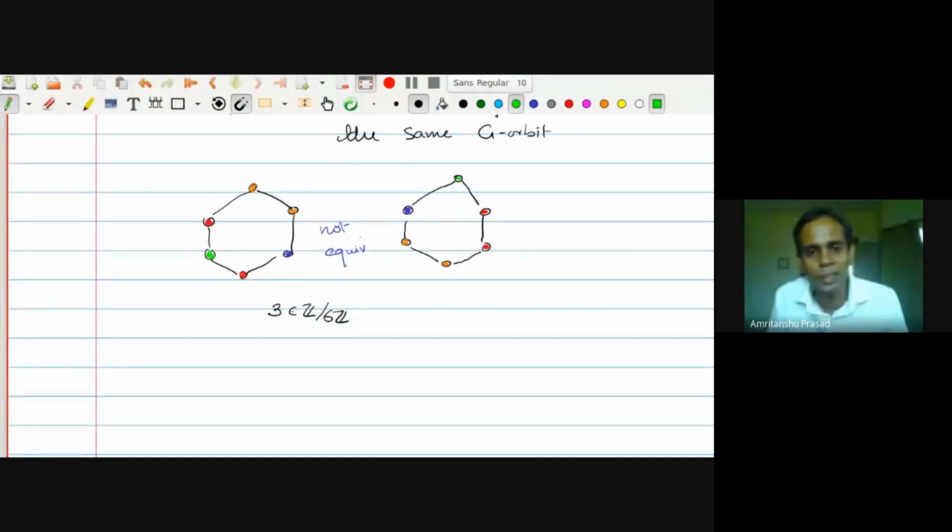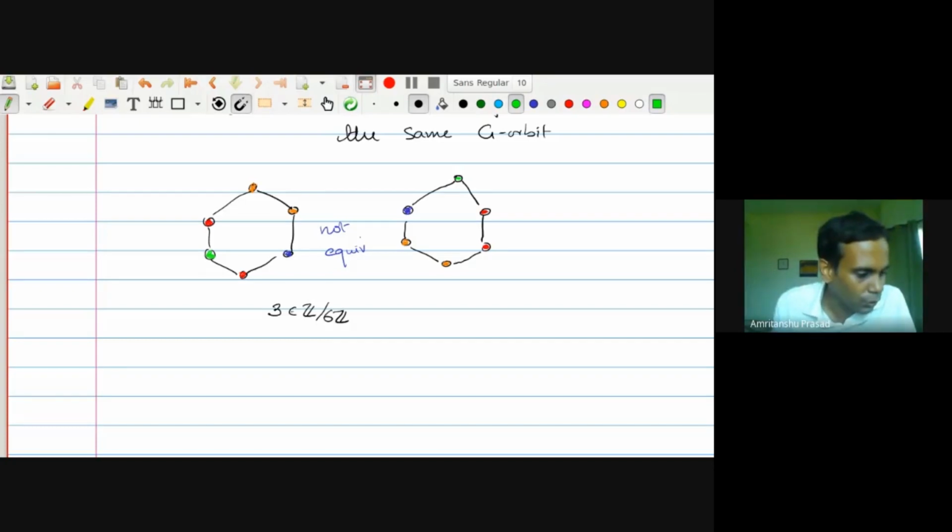And the answer is no, they will not have the same chemical properties. The fact that these two red things occur next to each other and here there is a green thing in between will change the chemical properties. And so this is why one of the applications of representation theory to science has been a lot to chemistry and the study of isomers.